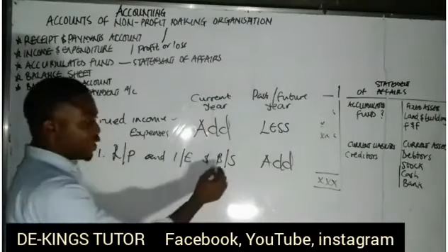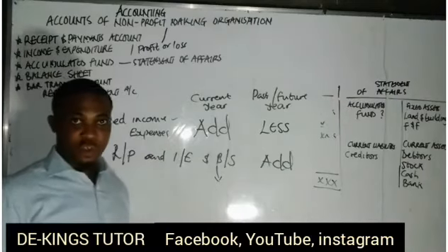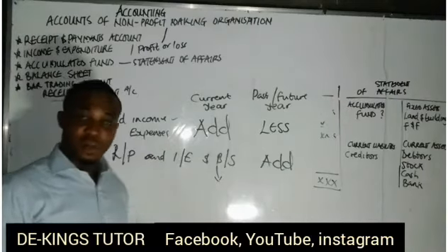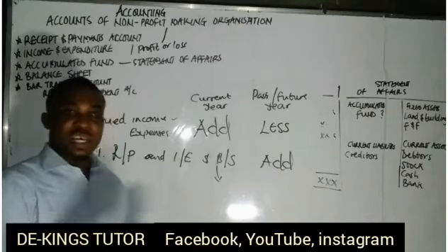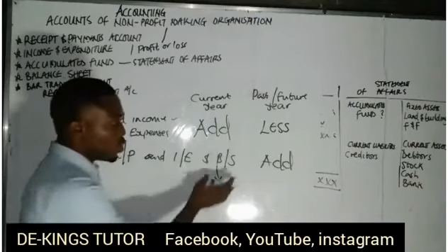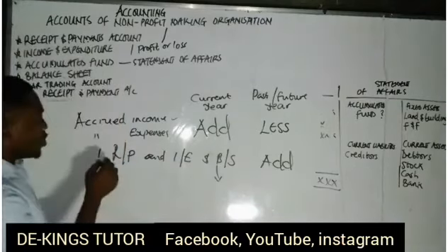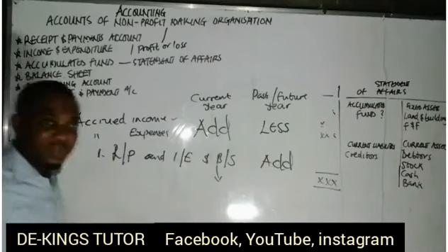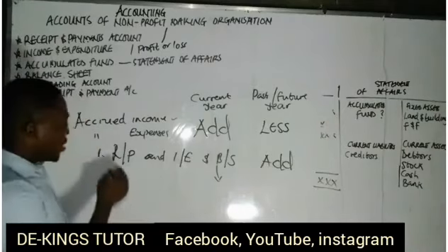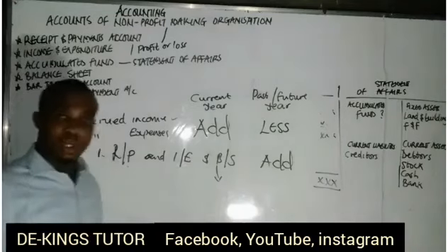Remember, if you're preparing the balance sheet, you must know if you have an accumulated fund. If it was not given in the question, that means you have to prepare a statement of affairs. But if it was given, you just put it as your capital there. So the first way is that I give you data to prepare receipt and payment, income and expenditure, and also the balance sheet.